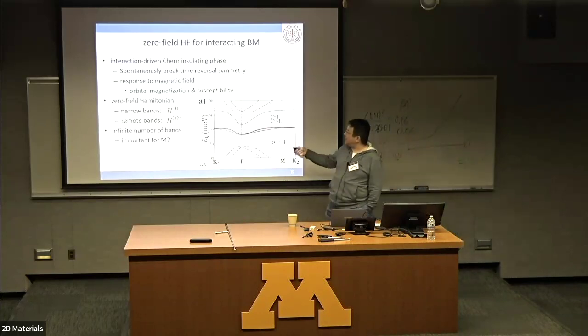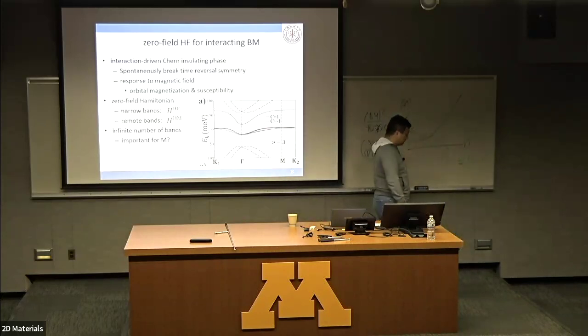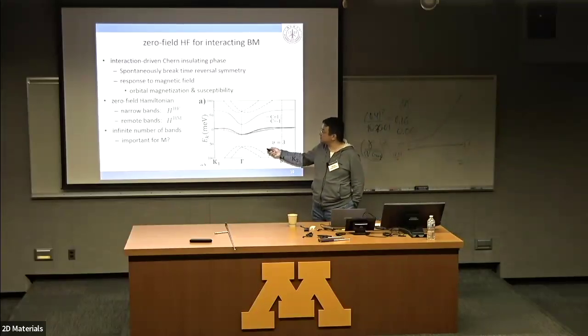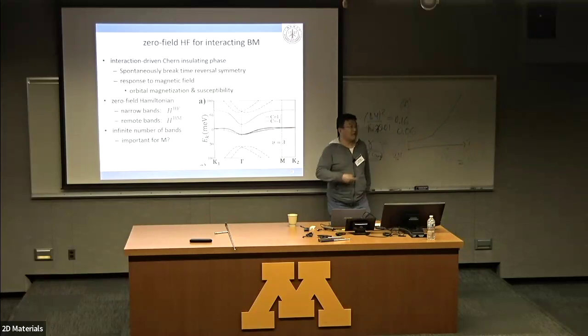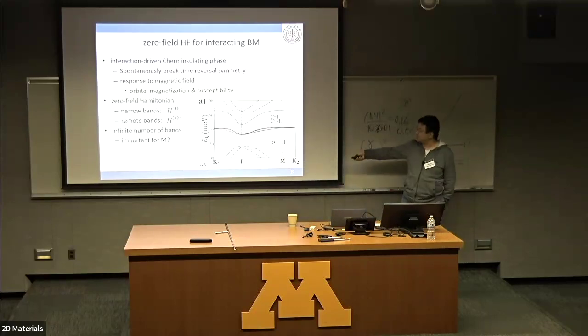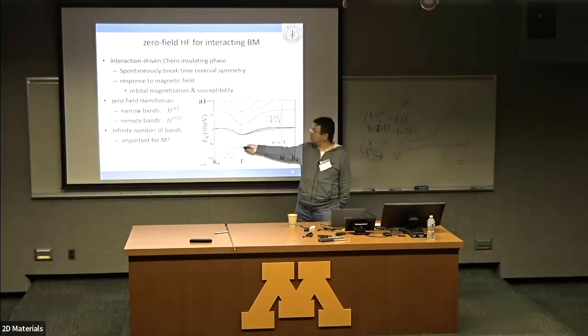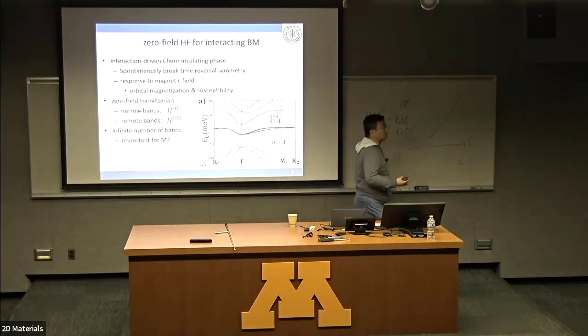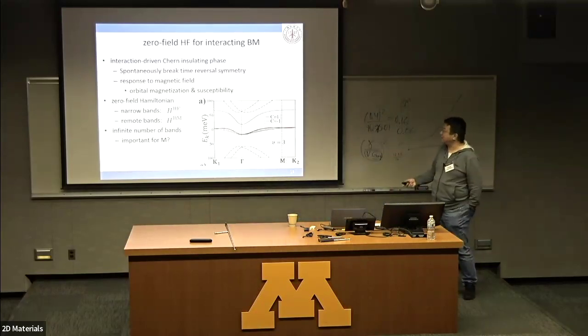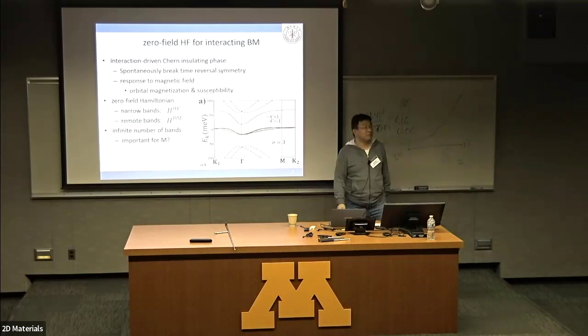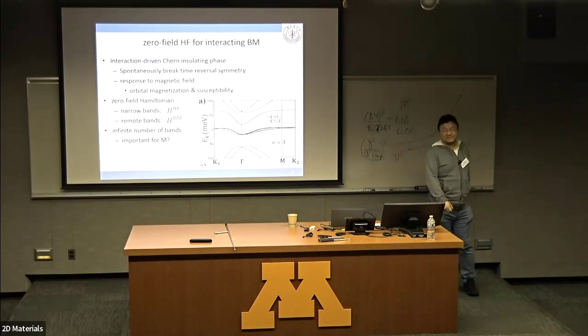Now, for the zero field Hartree-Fock Hamiltonian, we do some common things. For the narrow bands, we have this Hartree-Fock Hamiltonian, but for all the remote bands, we just have the BM model Hamiltonian. Which basically means that the time reversal symmetry breaking occurs only for these active bands.